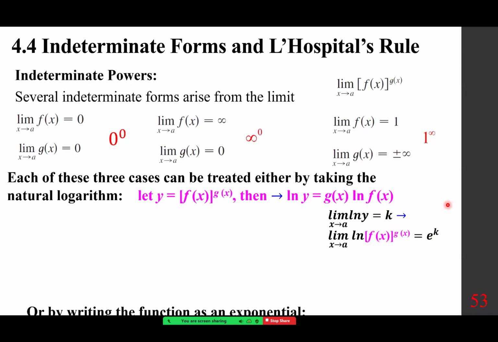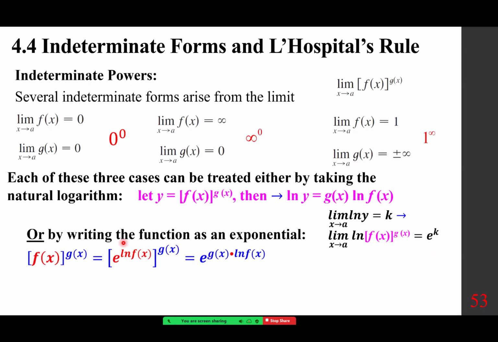Okay, that's one way. Or, by writing the function in exponential format, f of x to the power of g of x, you replace f of x with e to the power of ln of f of x. And then you get e to the power of g of x times ln of f of x.